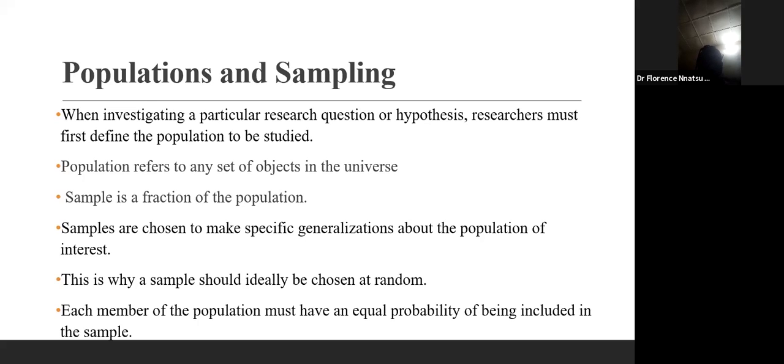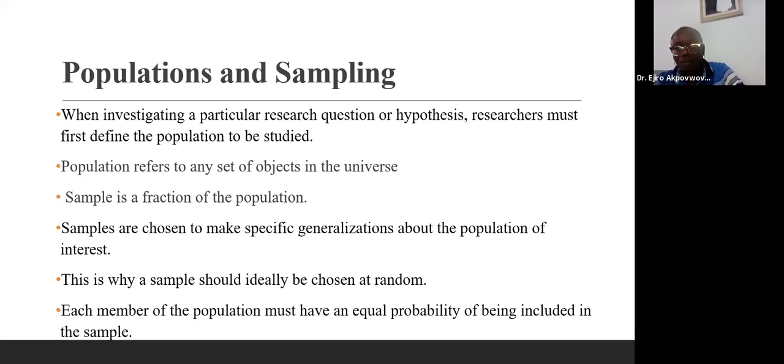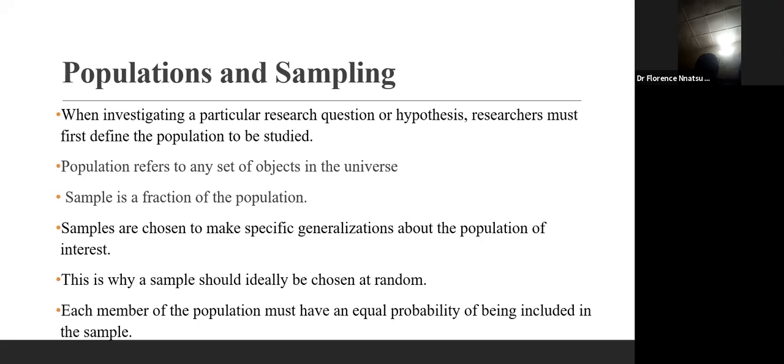Then samples are chosen to make specific generalizations about the population of interest. You don't take the entire population, but you just take a sample so that you'll be able to use that sample to make a general statement on that specific population of interest. That is why a sample should ideally be chosen at random, and each member of the population must have an equal probability of being included in the sample.